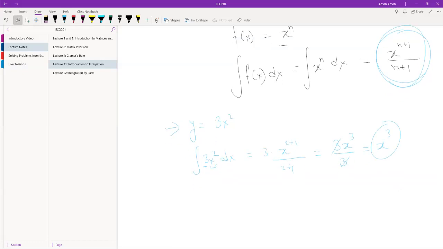Remember when I said that integration is the reverse of differentiation? This is why.